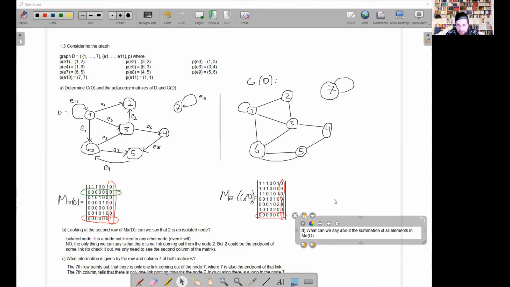Okay, they are asking about the summation of all the elements in the directed version. Okay, that's right. Well, it's easy.